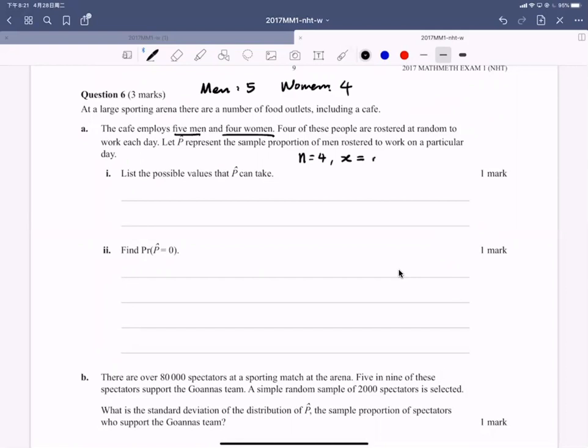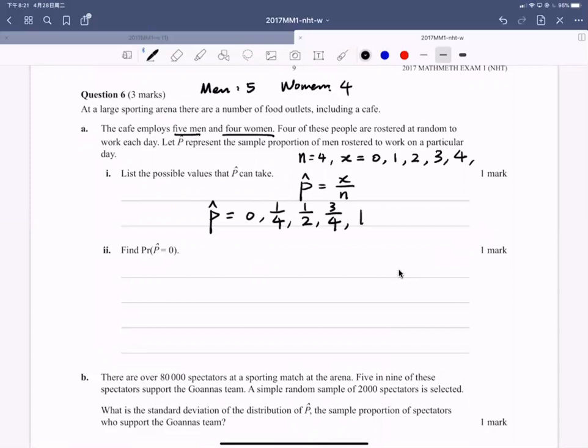So X could be none, or just 1 male, 2 males, 3 males, 4 males, 4 out of 4. So your P hat will be X divided by N. So your P hat will be 0, 1/4, 2/4, which is half, 3/4, 4 out of 4, which is 1.